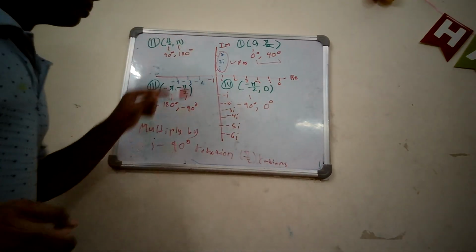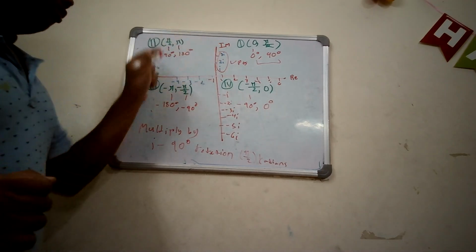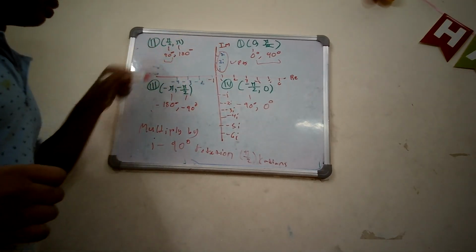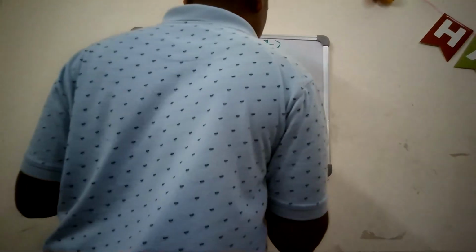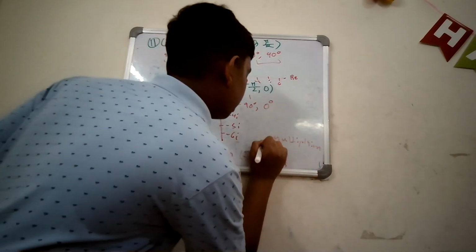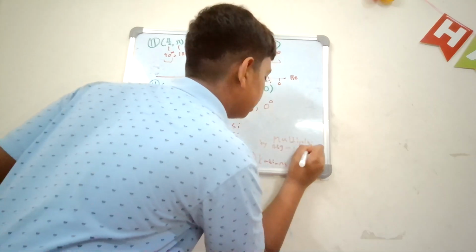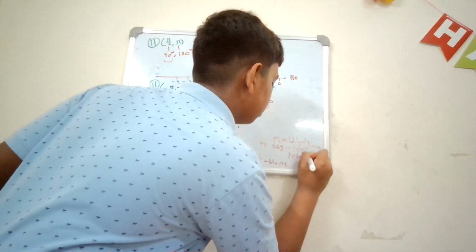So either way, that's why it starts from the imaginary to the real. So first 90 degrees, and multiplying by a negative is a 180 degree rotation.